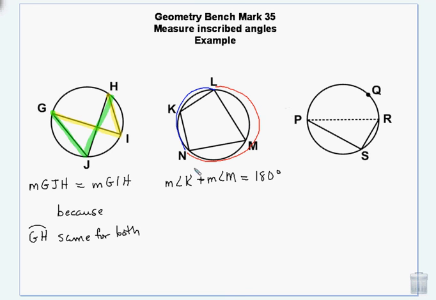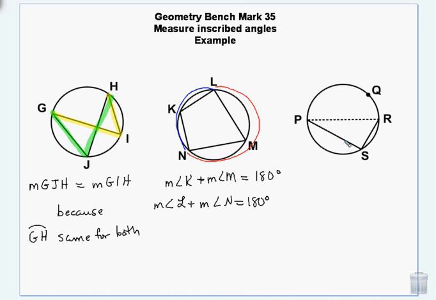So then they're half of the whole circle, so they're 180. And then you get the same thing with angle L and angle N for the same reason, because N makes arc KM and L makes arc KM. Together they're 360, but each of the angles is half of the arcs, so half of the circle, 180. Good?